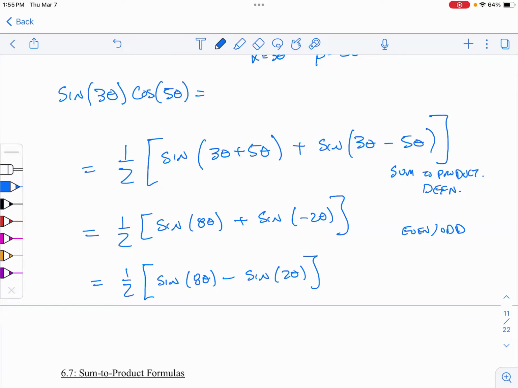Wherever and whenever possible, all right, you should never have a negative angle unless you literally can't avoid it. Right, and like I said, the only case where we have to deal with it is inverse cosine and inverse secant, and that's pretty rare. All right, so basically that's what we had. That's it.